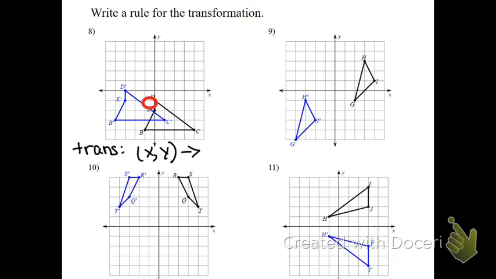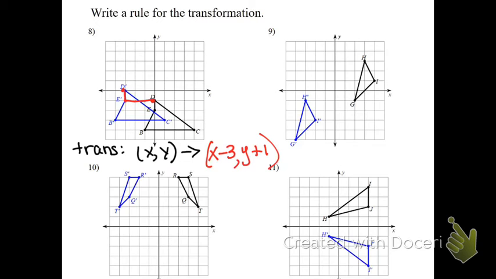The original D right here to the new D right here. What direction did it go? To get from the first D, which is the black one, to the new D, which is the blue one, I had to go left 3 and up 1. That means my rule is left 3, up 1.